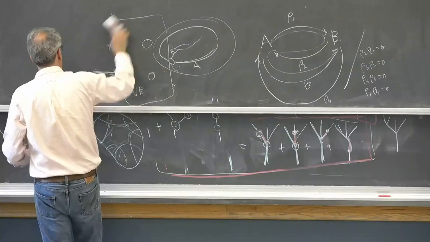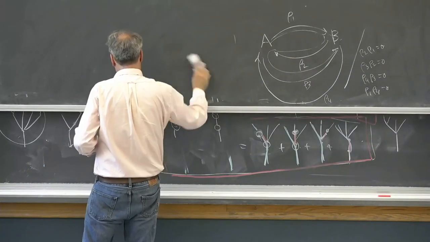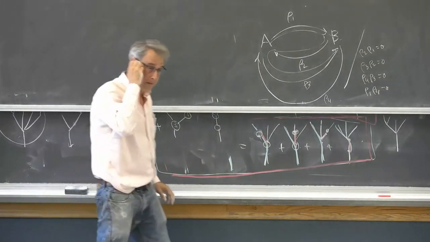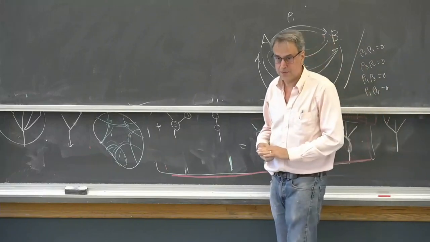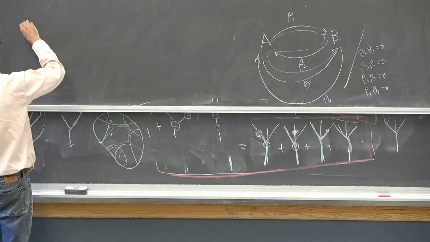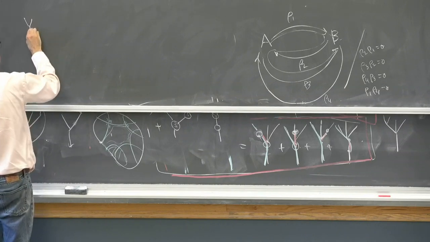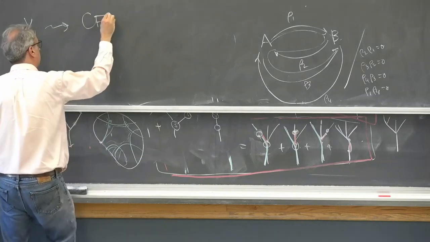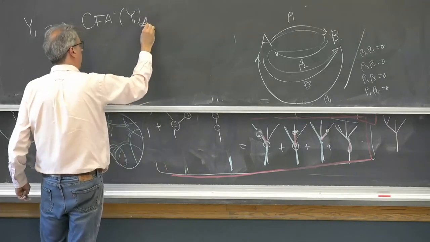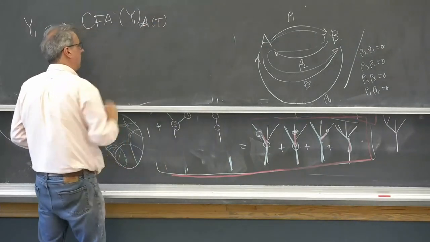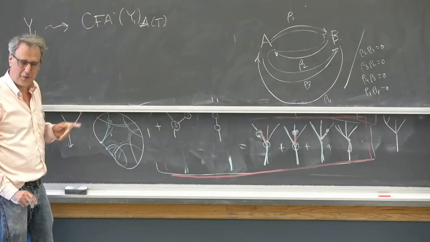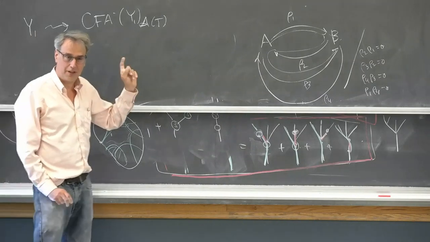To a three-manifold with torus boundary, I wanted to define a right weighted A infinity module over that weighted A infinity algebra.